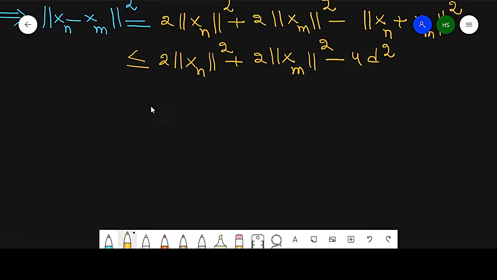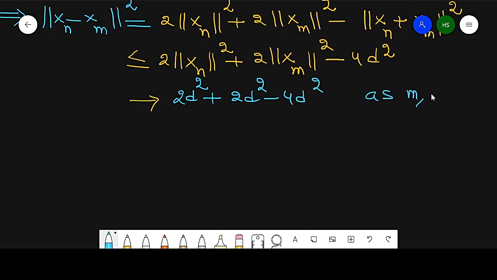Now by equation number 2, this approaches 2D square plus 2D square minus 4D square as m and n approach infinity.